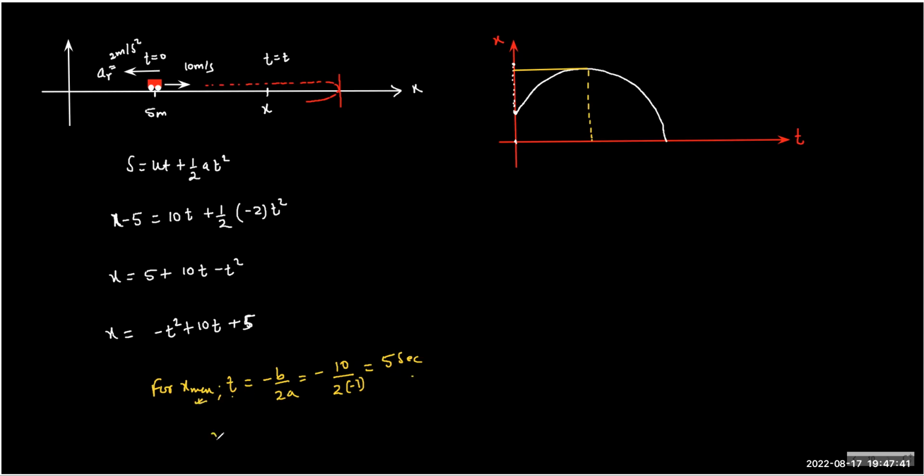And now we know the time at which it is maximum. What is the maximum value it can go up to? So minus 5 square plus 10 into 5 plus 5. How much is this? Minus 25 plus 50 plus 5. What is the answer, guys?